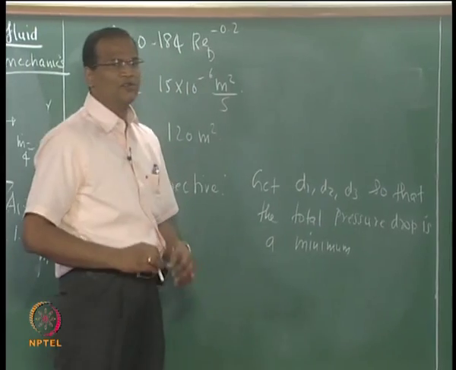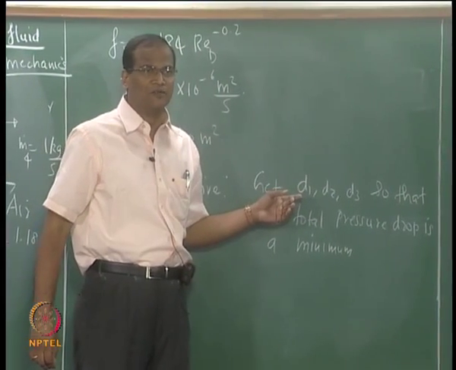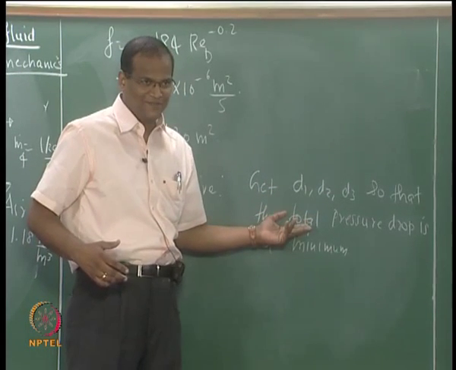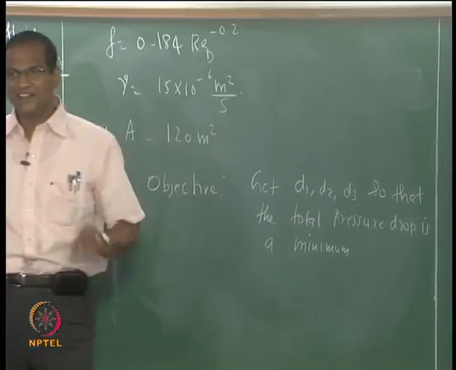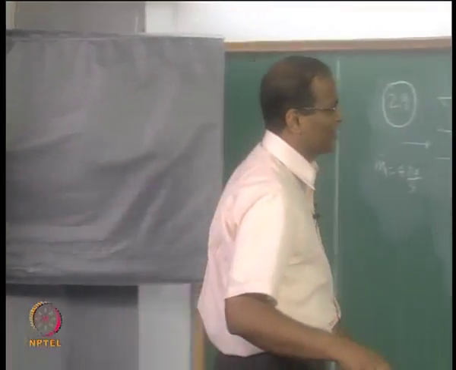Needless to say, you have to use a Lagrange multiplier method. Do not get confused. We are still talking about incompressible flow. Okay, it is a total pressure drop. I am not talking about stagnation pressure.